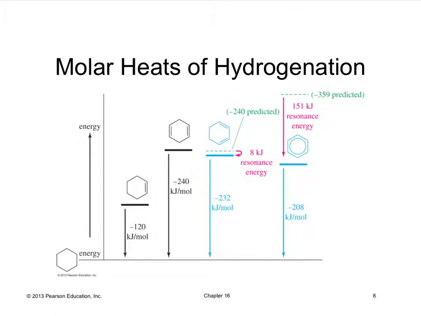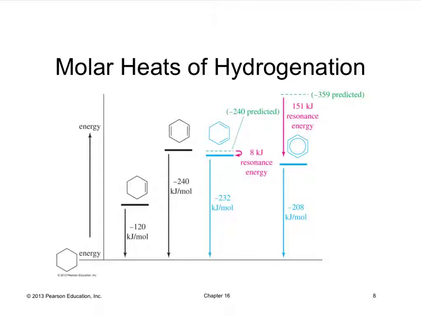If we look at the diagram of molar heats of hydrogenation, first starting here with cyclohexane, one double bond shows negative 120 kilojoules per mole. When you have two, it's 240.